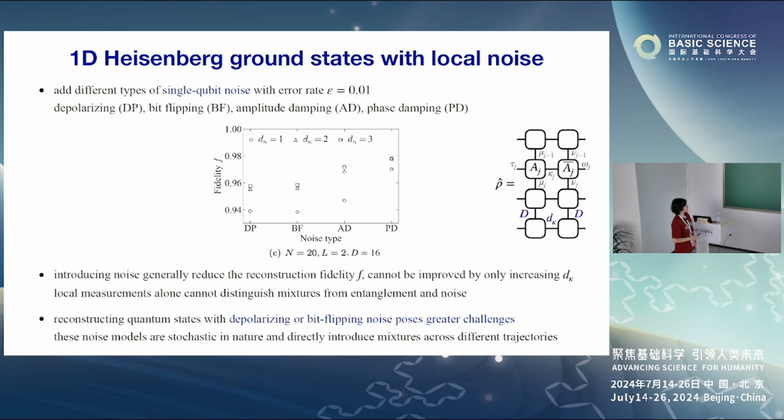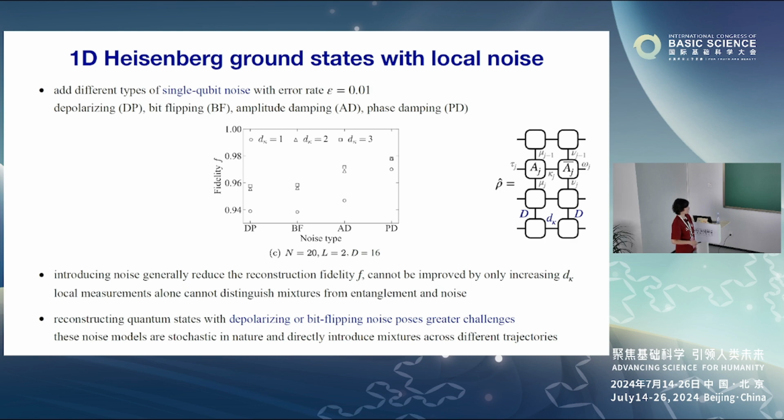And we can also try one with noise, beyond the previous result of the pure state. We can add some local noise to the density matrix, and for example, we can get depolarizing or bit flip or amplitude damping and phase damping, these kinds of different noise channels.